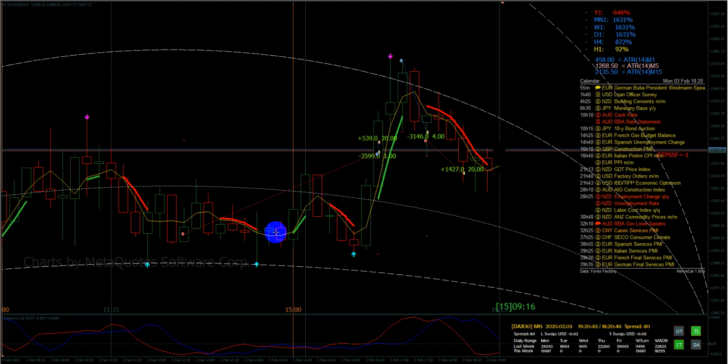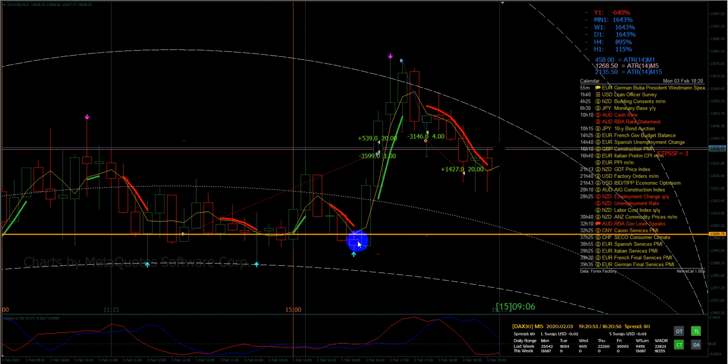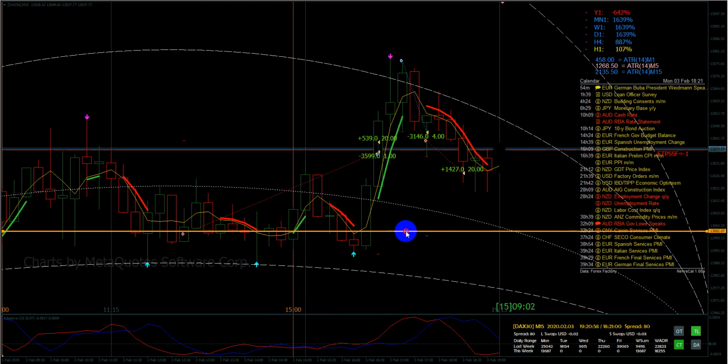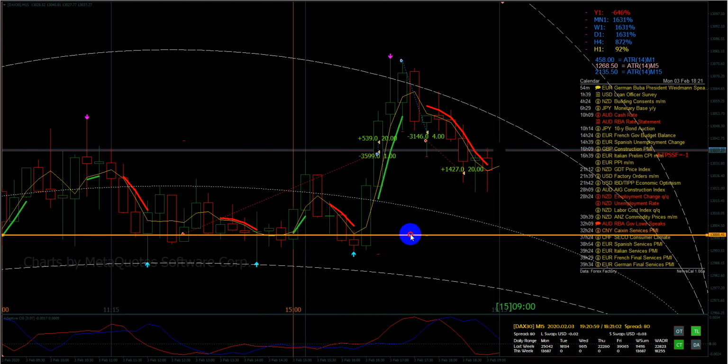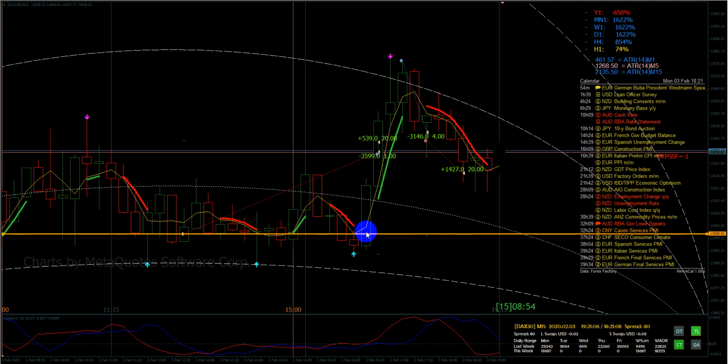If you watch my price line and the behavior of the market at my price line, you'll clearly see that it was retesting this price line but bouncing back, right? So that's a pretty good signal.